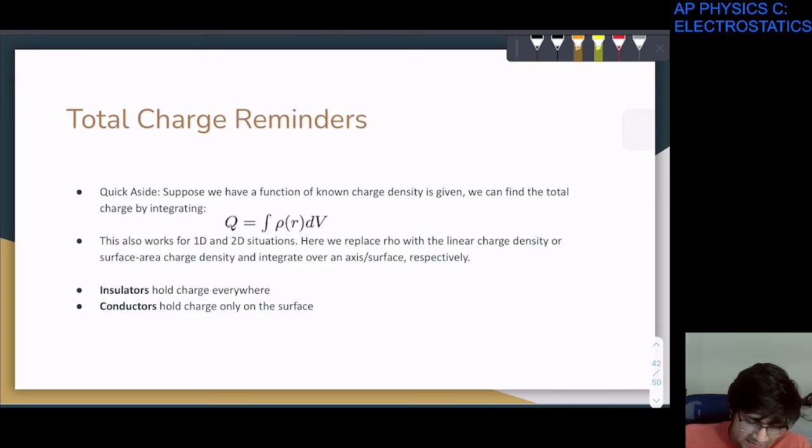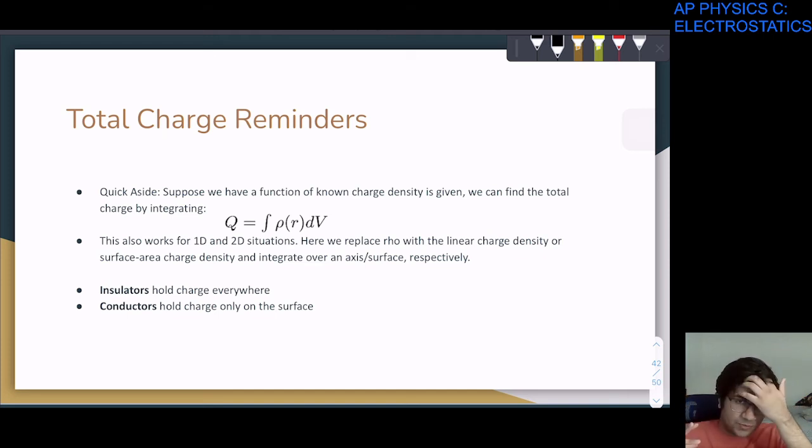And a few reminders, just off to the side, we might use this in the next problem: suppose we have a function of known charge density, we can find the total charge by integrating. We can integrate our volumetric density, and keep integrating and stacking on more layers to get the total of something.